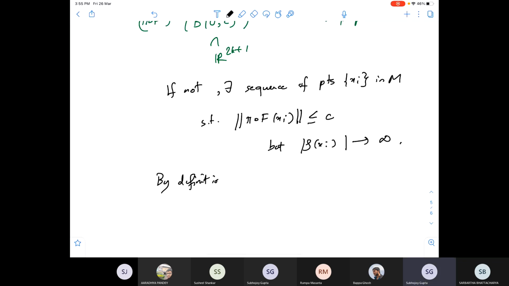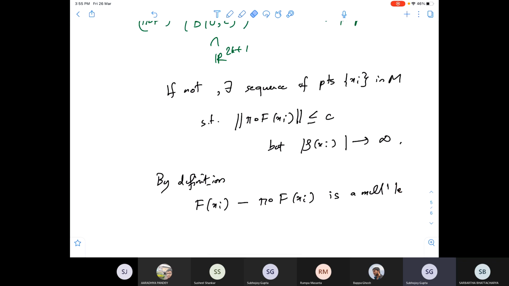of projection, remember there's a projection pi along the direction of v. So this capital F of xi minus pi composed with f of xi is a vector in R to the 2k plus 2.